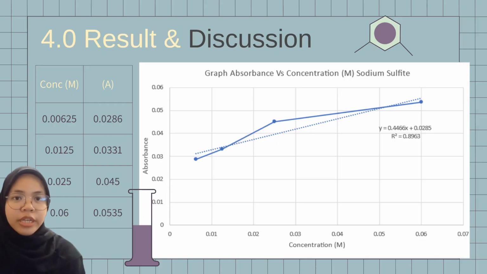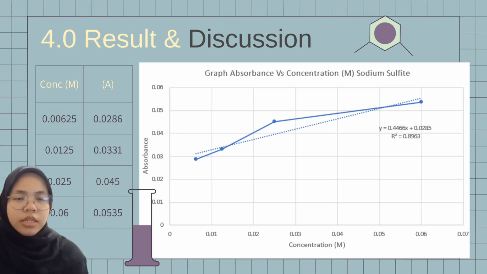We select the best points from the data above in order to create a nice linear relationship of UV-Vis calibration curve between sodium sulfide concentration and absorbance. Based on the graph, the molar absorptivity may be determined using the curve slope.